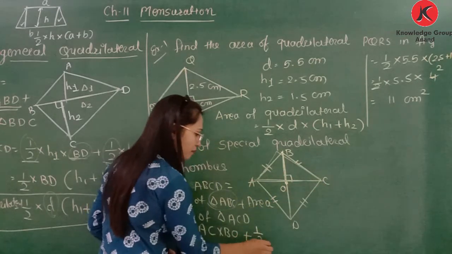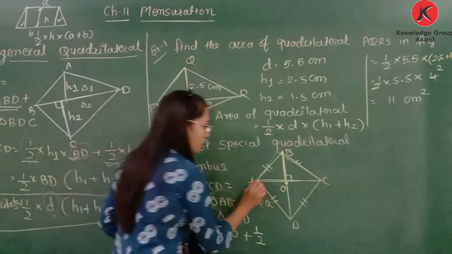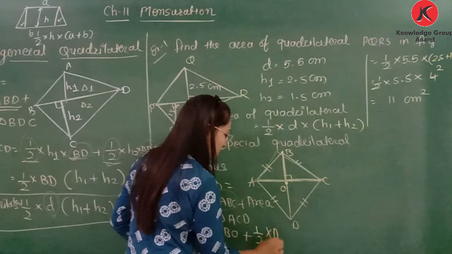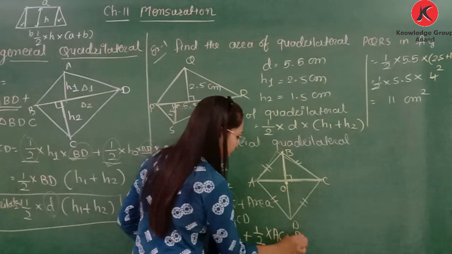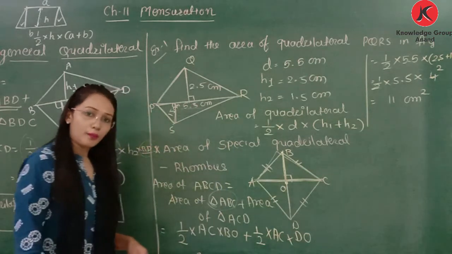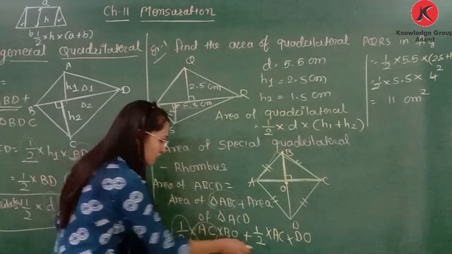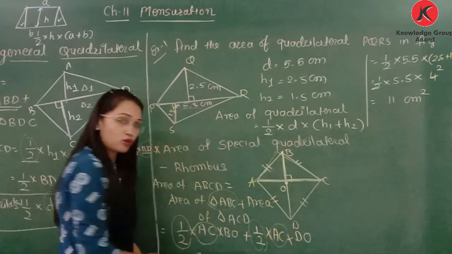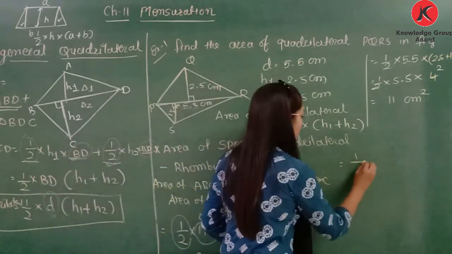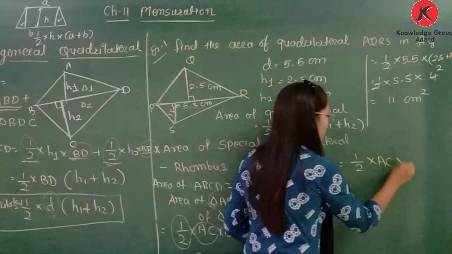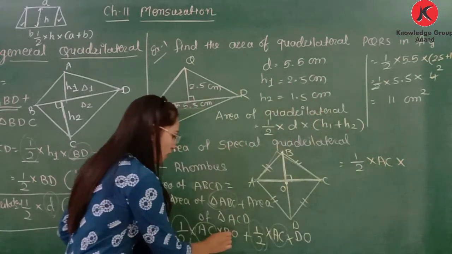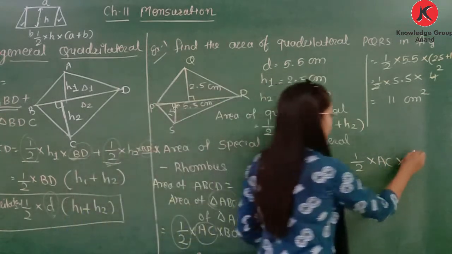Plus 1/2 for the lower triangle, AC as base and DO as the perpendicular distance. Now you can see 1/2 AC, 1/2 AC. Take out the common 1/2 AC. Inside the brackets we will have BO plus DO.